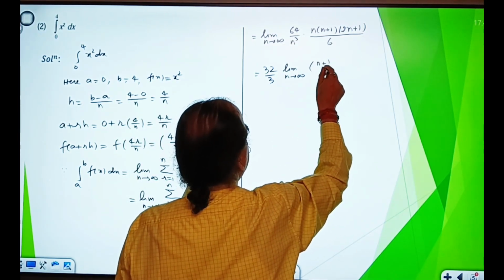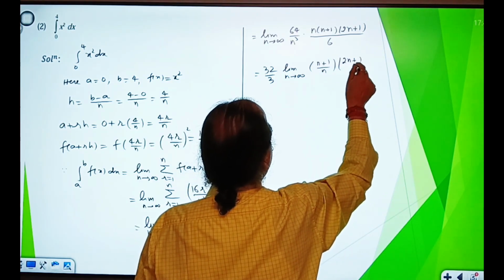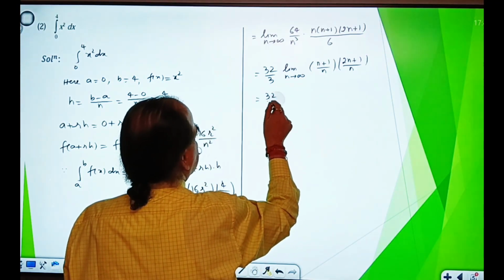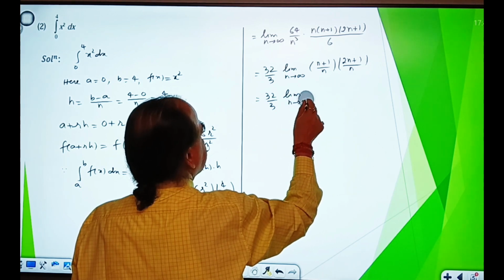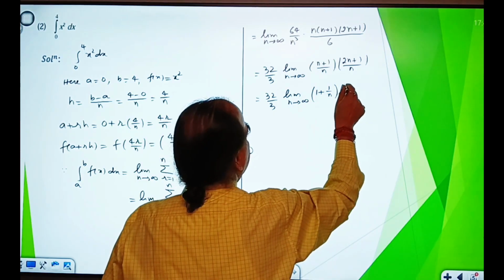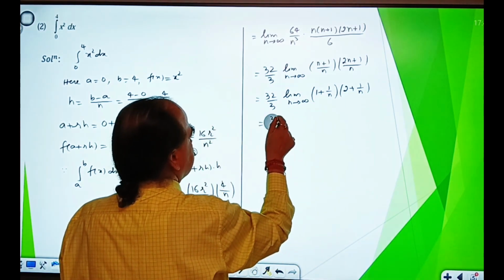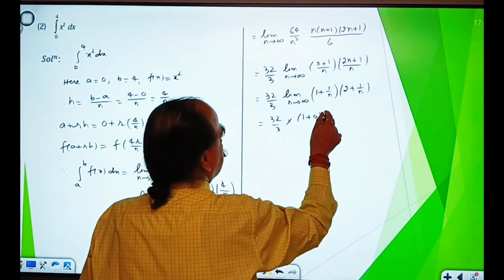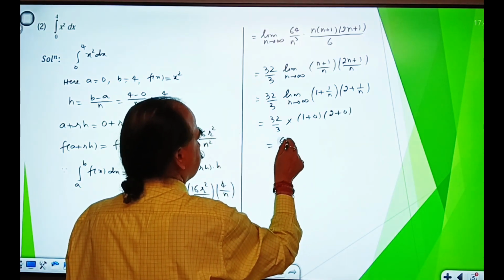So n plus 1 upon n into 2n plus 1 upon n. 32 by 3, limit n tends to infinity, this is 1 plus 1 upon n into 2 plus 1 upon n. So 32 by 3 into 1 plus 0, 2 plus 0 will give us 64 by 3.